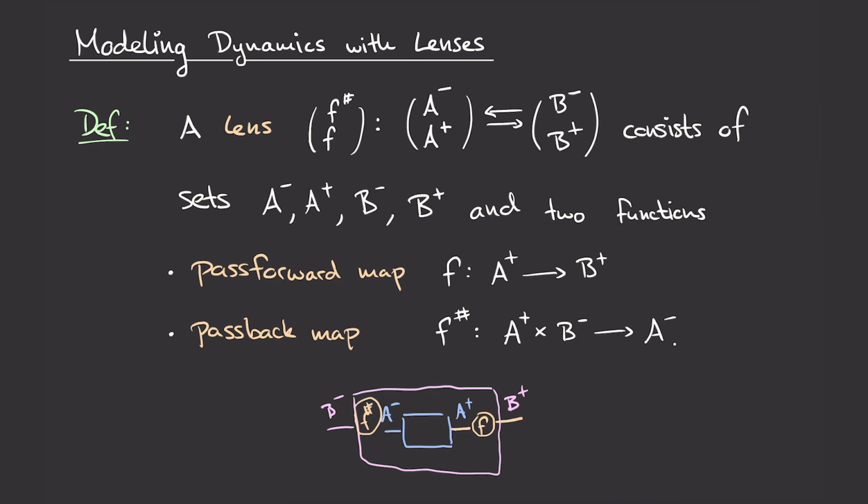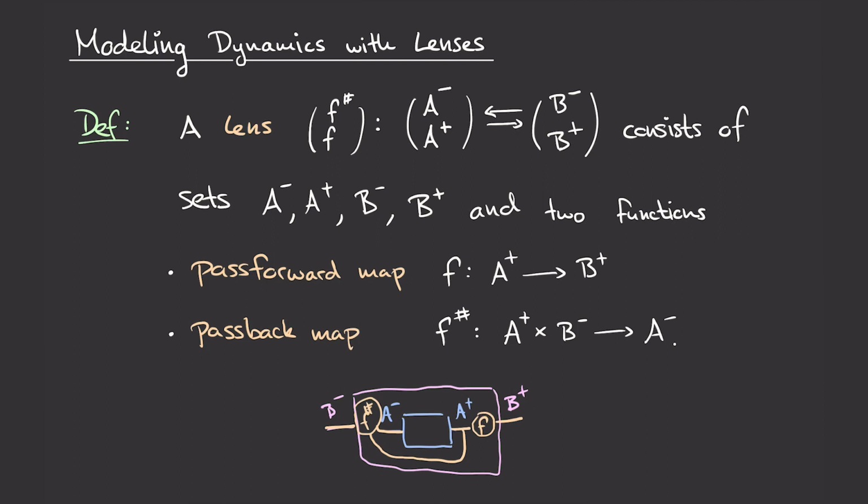It takes some input from B minus along with some output from A plus and produces from that an input to A minus. So you see that instead of just directly converting B minus inputs into A minus inputs, it also takes into account what the current output of A plus is. So this allows for some greater flexibility when processing inputs to the inner interface.